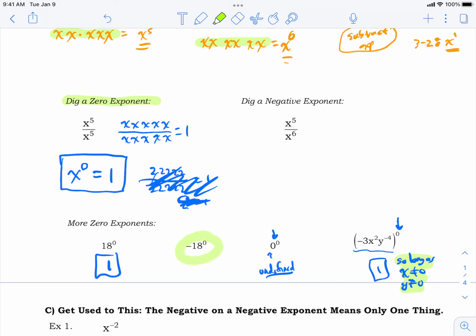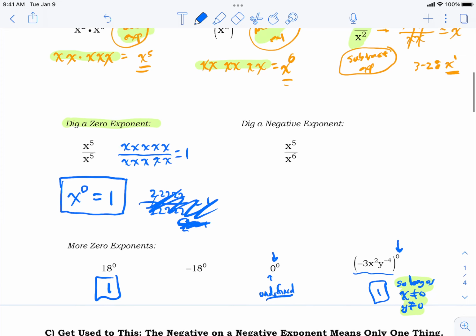Back to this one now. So this one's, well, 18 to the 0 is 1. Yes, it is. And if I raised negative 18 to the 0 power, I'd get 1. Is that what this is, though? This is not this. Negative 18 in parentheses to the 0 power would be 1, but that's not what this is.